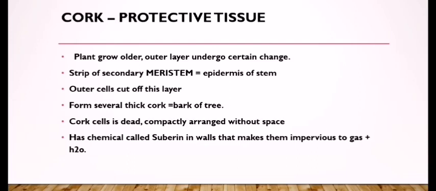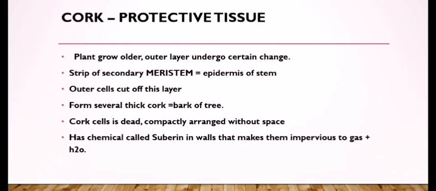Cork is dead and compactly arranged without any space, and it has a special chemical called suberin in its walls, which makes the plant impervious to gas and water. It will not allow gas or water to go inside because of the suberin.